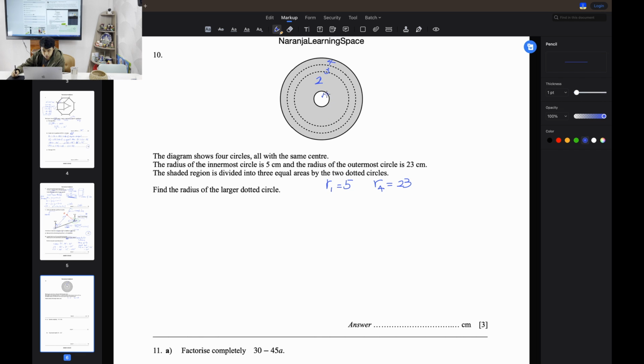Once we label the circles 1, 2, 3, 4, the shaded region is divided into 3 equal areas. So that means this area and this area are the same. Find the radius of the larger dotted circle, which is circle 3. We need to find R3.